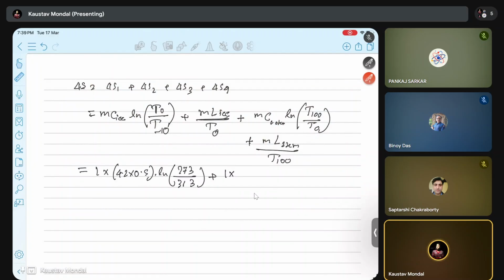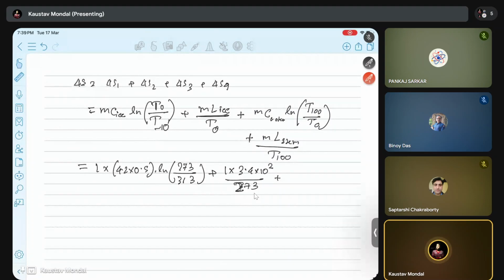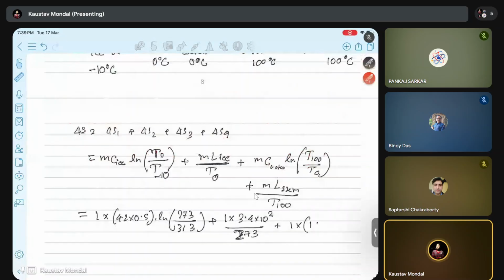So the latent heat of ice also has to be written in kilojoule. That is 3.4 into 10 to the power 2 by 273, plus m c, so m is 1 and the specific heat of water is 1 kilocalorie.